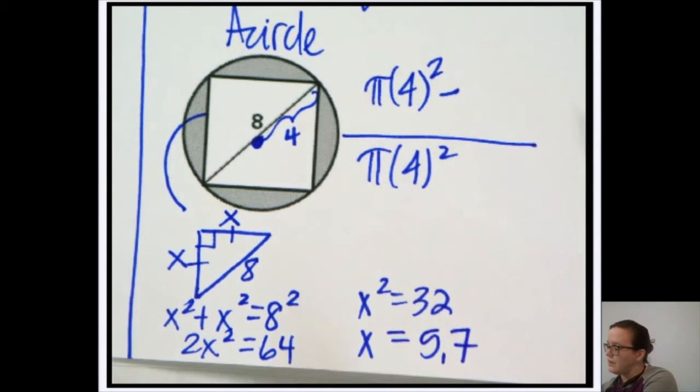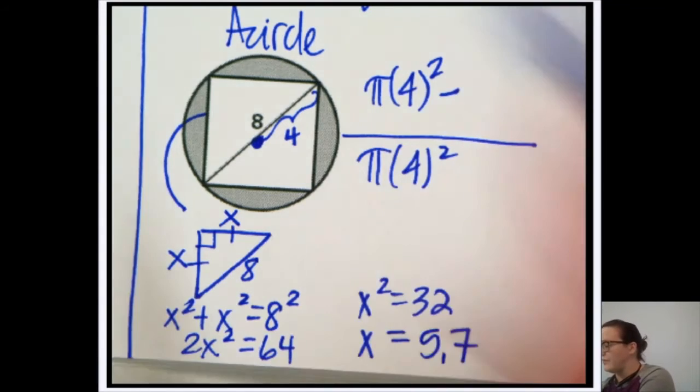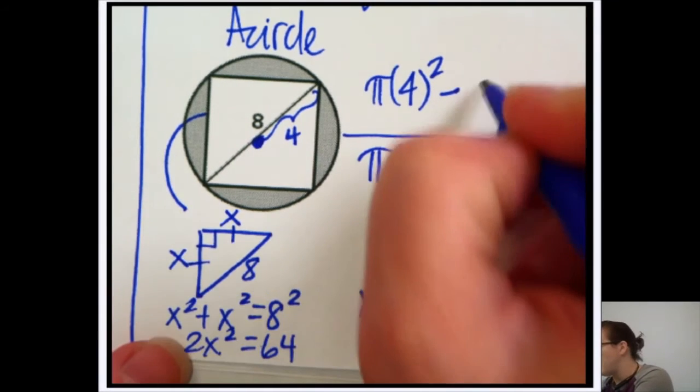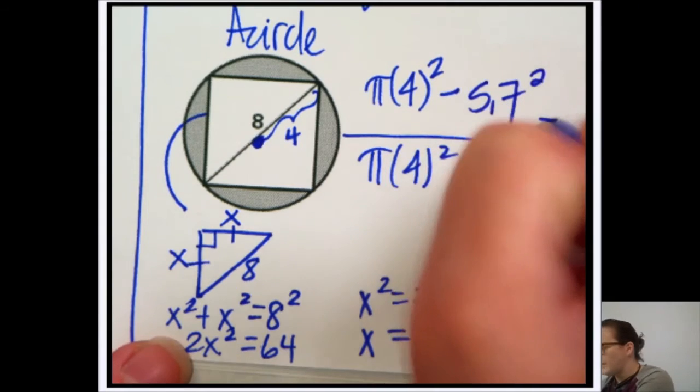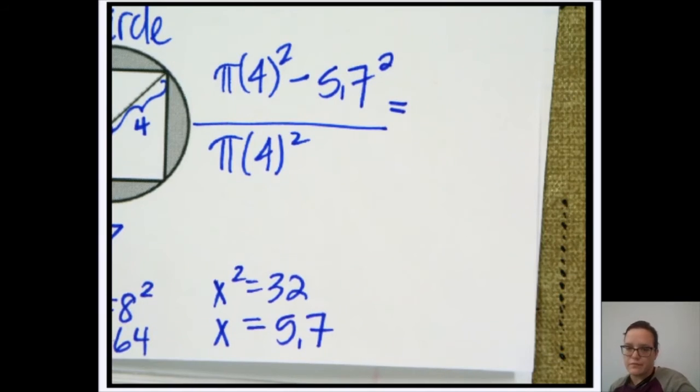So we have pi r squared, which is pi times 4 squared, minus 5.7 squared. If we go ahead and put that in our calculator, I guess that was kind of a bad one to have you try by yourself, but maybe you did.